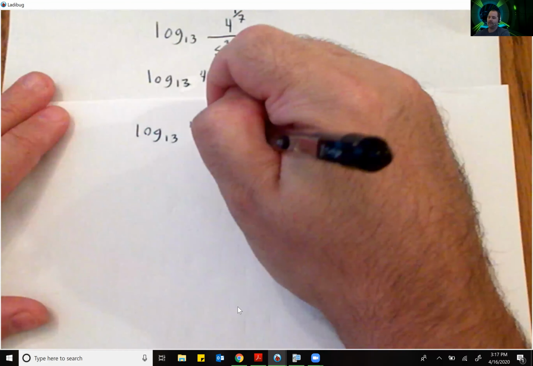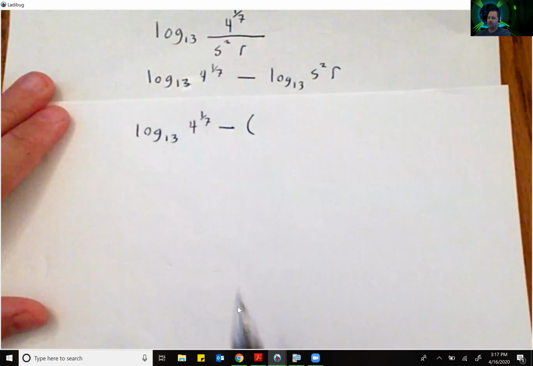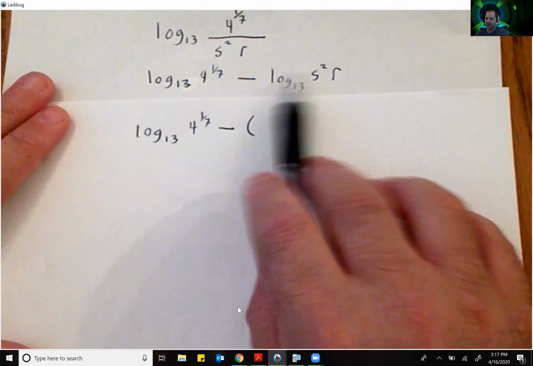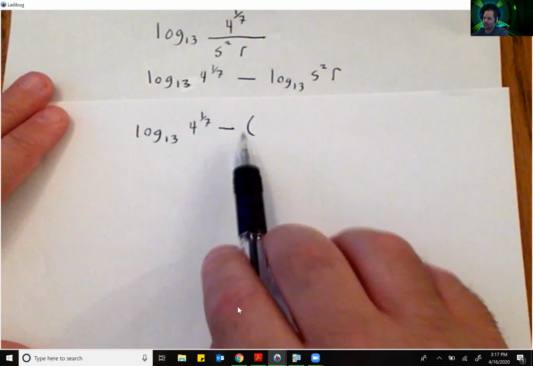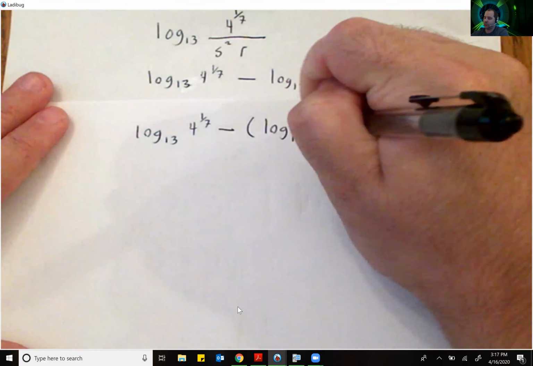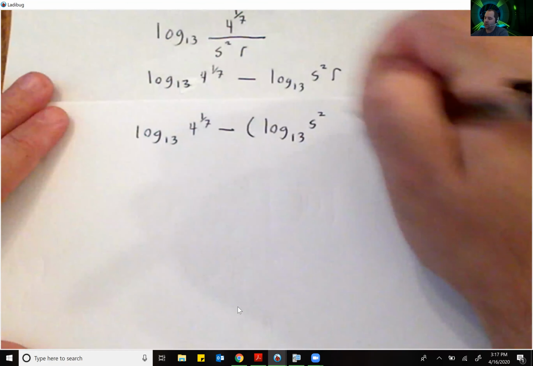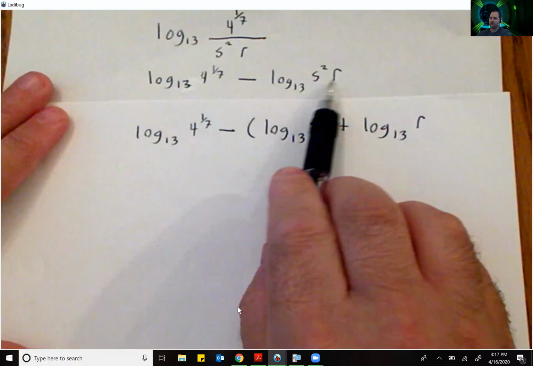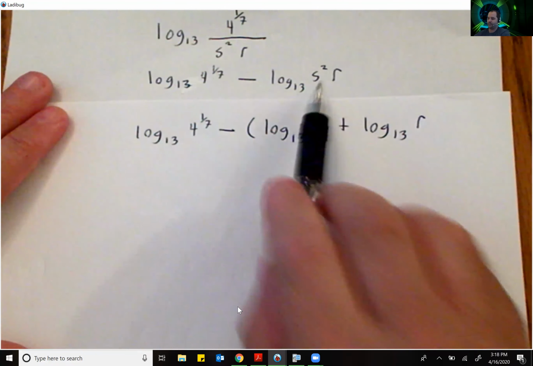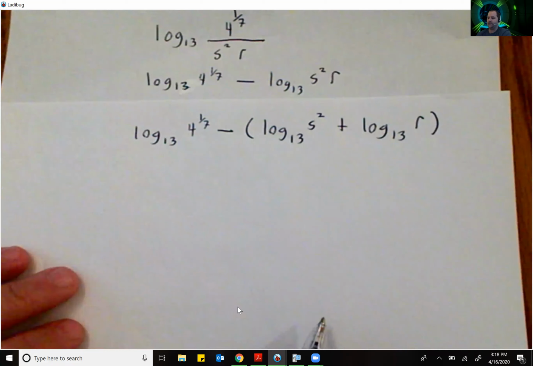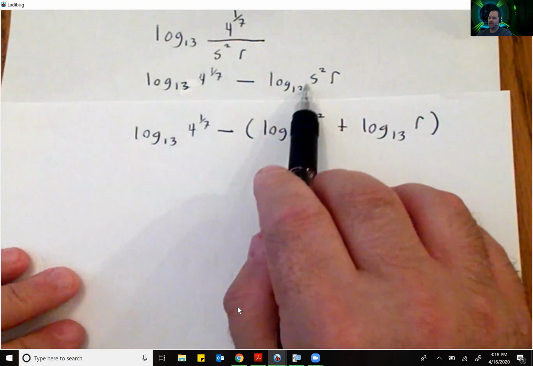And we're going to need to put parentheses now because all this is to be subtracted by that. So you need that parenthesis there. Log base 13 of s squared plus log base 13 of r, because the multiplication between those two becomes addition. Close the parenthesis. So we took care of division, which became subtraction. We took care of multiplication, which became addition.